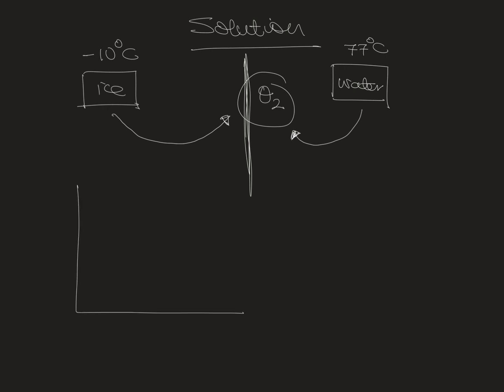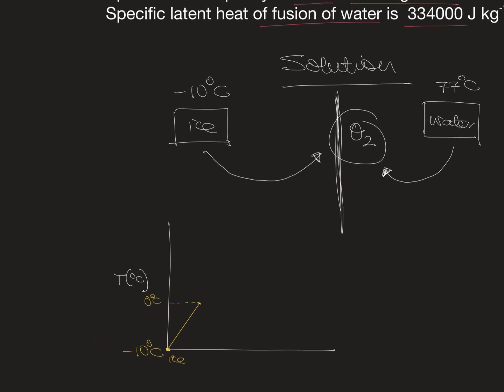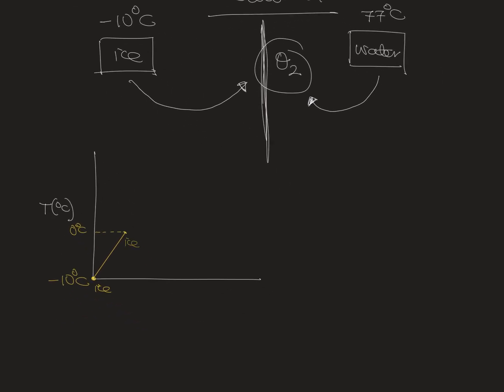So if we draw our heating curve, we have temperature in degrees Celsius, and let's say we have ice at minus 10 degrees Celsius at this point here. That is ice. So if it is at minus 10 degrees Celsius, its temperature can rise to 0 degrees Celsius of ice. So this is ice at 0 degrees Celsius. So from ice at 0 degrees Celsius, what is going to happen?